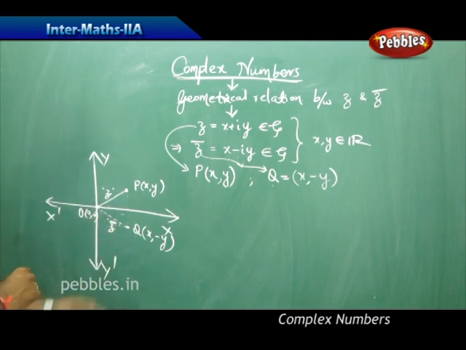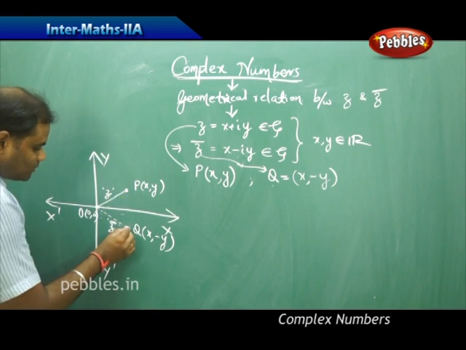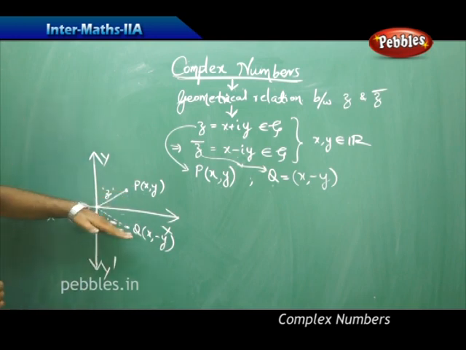So when I see these two, I understand that the conjugate of z is exactly the mirror image of this with respect to the ray x dash.